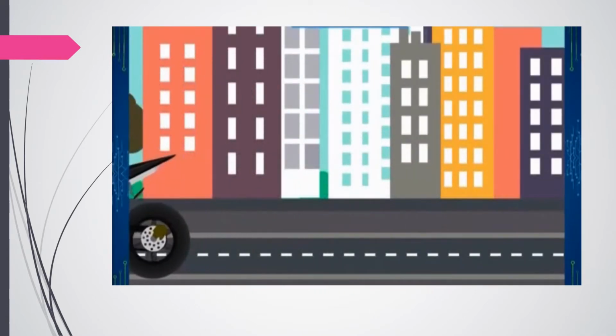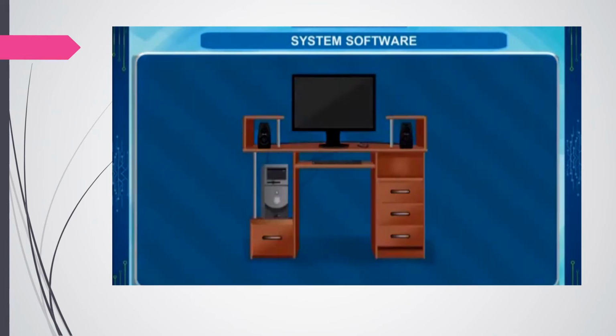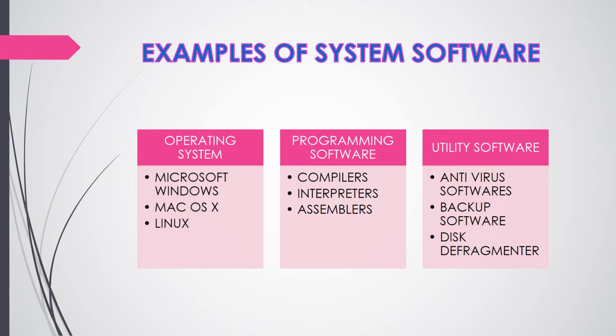So you are the operator of the bike. In the same manner, a computer is almost a showpiece without an operating system. The operating system drives the computer and makes it work. There are different types of operating systems: Microsoft Windows, Mac OS X, Linux, etc.